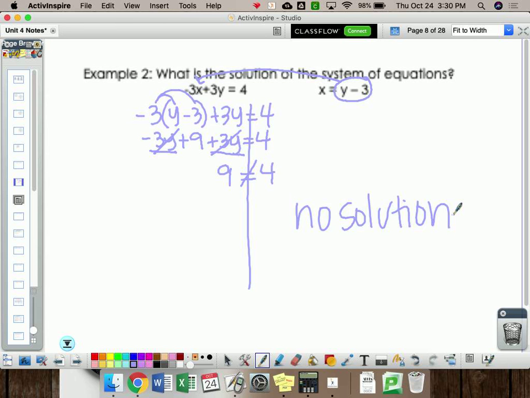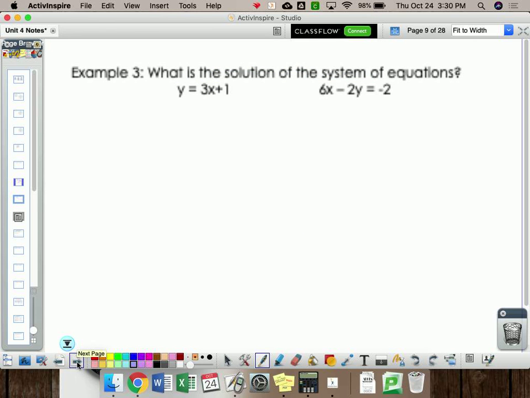Let's look at example 3. What is the solution to the system of equations y equals 3x plus 1 and 6x minus 2y equals negative 2? So again, I'm going to start with my equation that says x equals or y equals. And I see that y equals 3x plus 1.